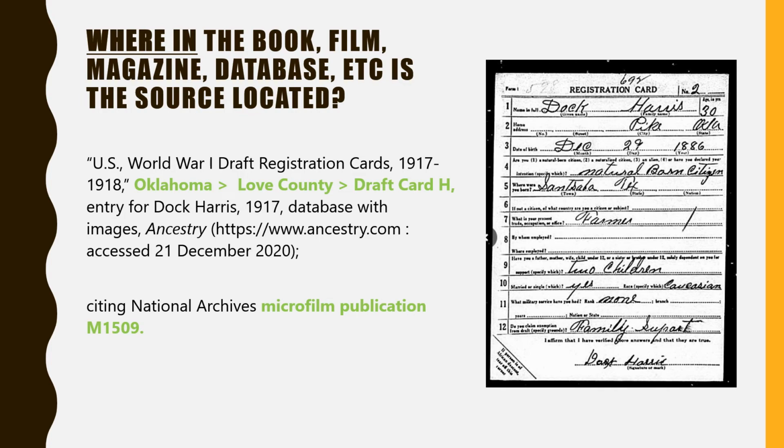So you'll notice that I did not repeat Oklahoma and Love County in the physical layer for the National Archives. Again, there's no need to be repetitive. If we've got the basic information in one of the layers, then we don't need to add it to the other layer.